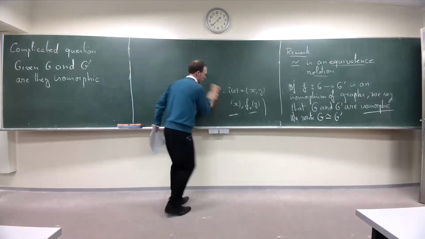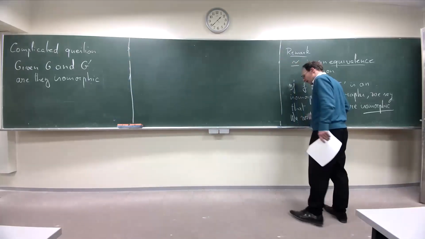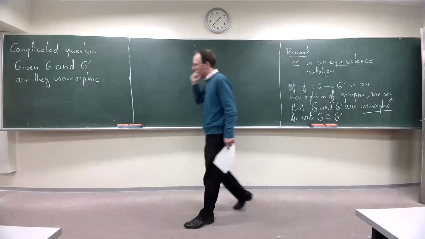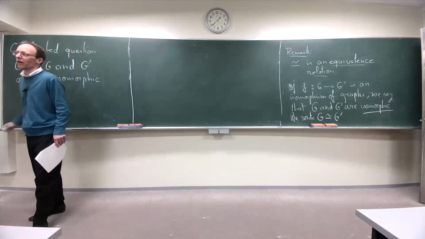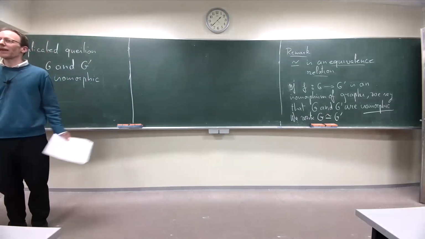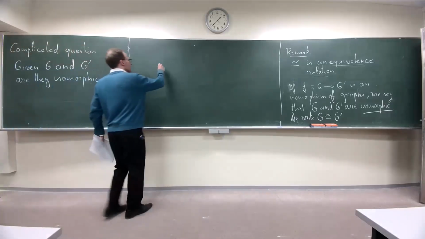If you have two complicated graphs, you don't want to find all possible f. So if you have an argument for saying, no, it's impossible that these two graphs are isomorphic, then that's the end of the game.